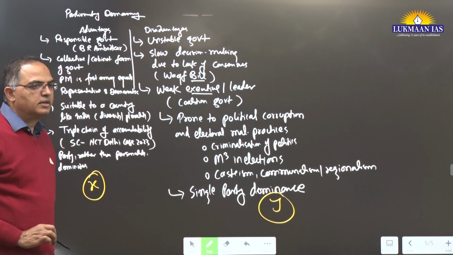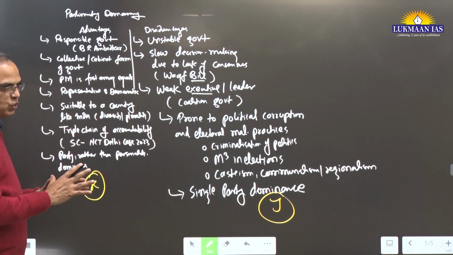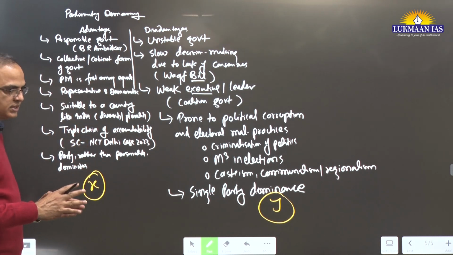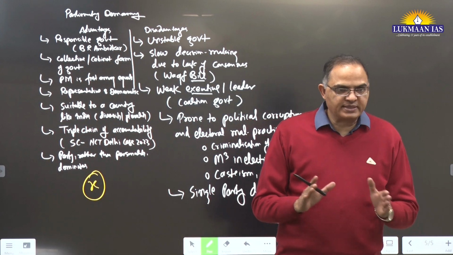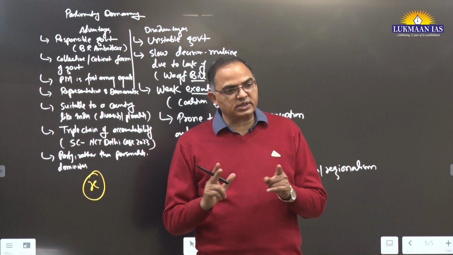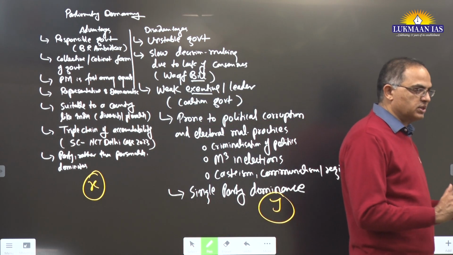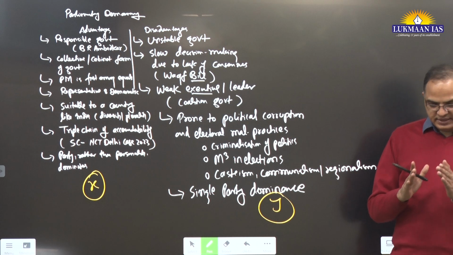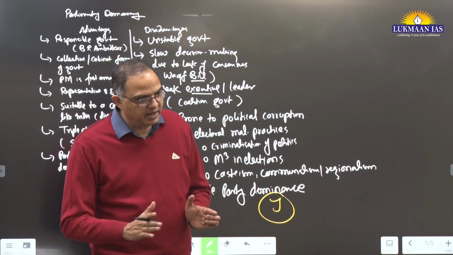So basically, why did we choose responsible government? Try to understand. The framers of the constitution were aware of the presidential system and how it worked. They were aware of parliamentary democracy and how it worked, especially in the UK. Still they went on to adopt the parliamentary system. Why did they adopt it?